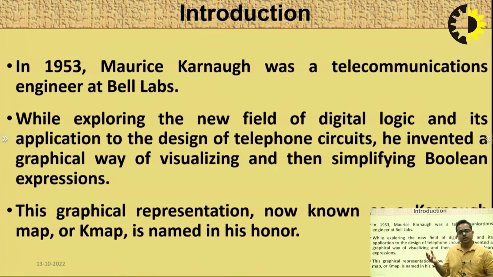So that is why K-map is very useful to get the reduced form of Boolean expressions. It is a foolproof method: if you have formed all the possible groupings in that K-map, then we will definitely get the reduced form of that Boolean expression.